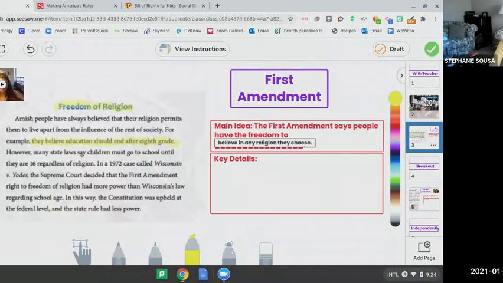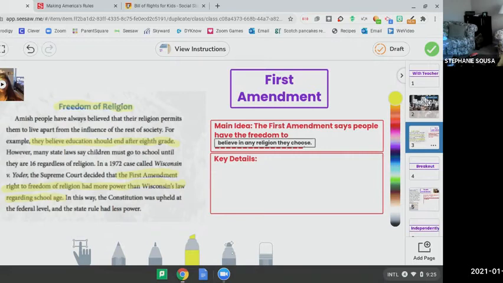Many state laws say children must go to school until they're 16, regardless of religion. In a 1972 case called Wisconsin v. Yoder, the Supreme Court decided that, this sounds important, the First Amendment right to freedom of religion had more power than Wisconsin's law regarding school age. So their rights were protected.